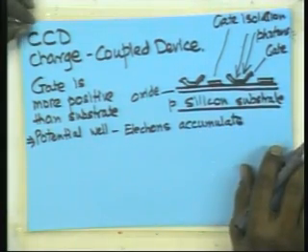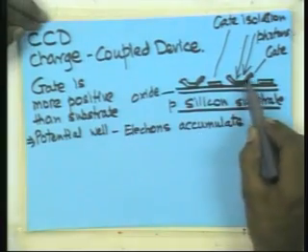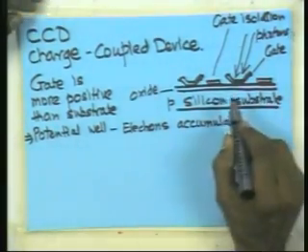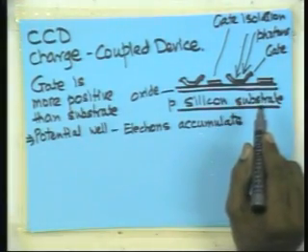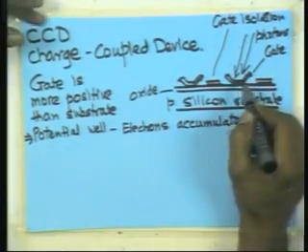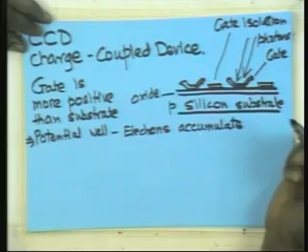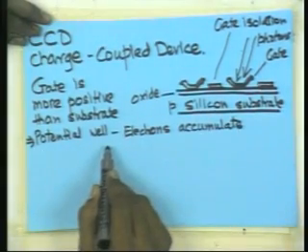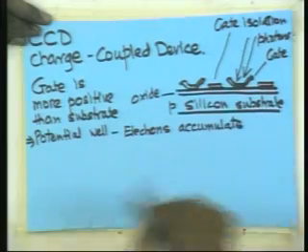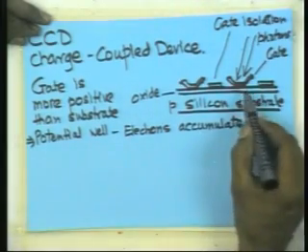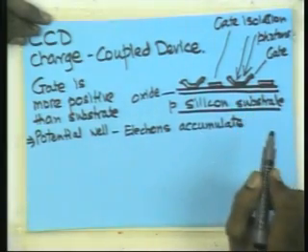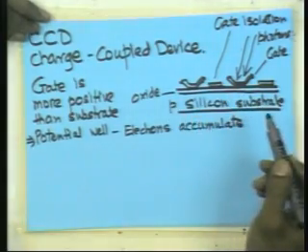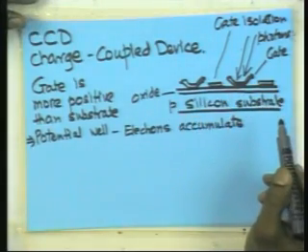What is basically done is that you make a matrix of it, and every other gate has a photodiode. When light falls on it, electrons are generated and get trapped in the potential well. Then the gate voltages are manipulated such that the stored electrons get transferred to the gate that does not have the photosensitive part.